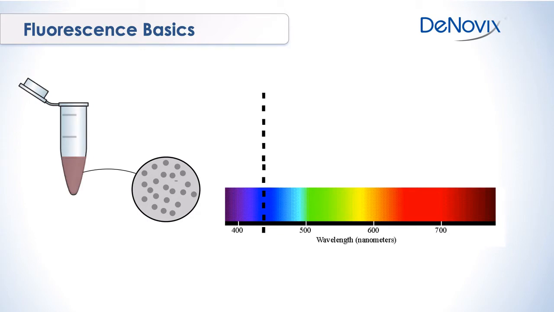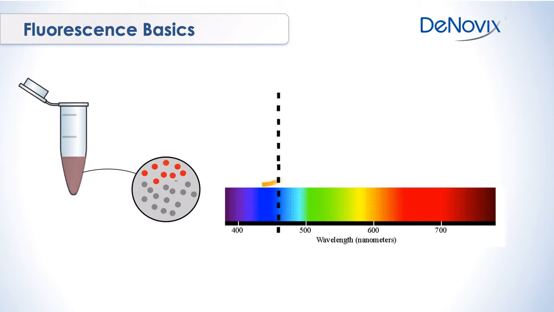So on the left hand side here we see a tube that's full of our fluorescent assay, and the circle here just represents how many molecules are in there, and during the course of this you'll see them light up as we progress through this visual spectrum. So on the right we have this visual spectrum that goes, in this example, from 400 past 700 nanometers.